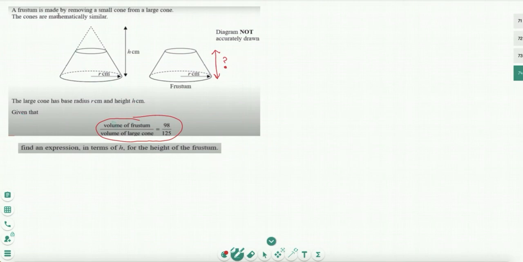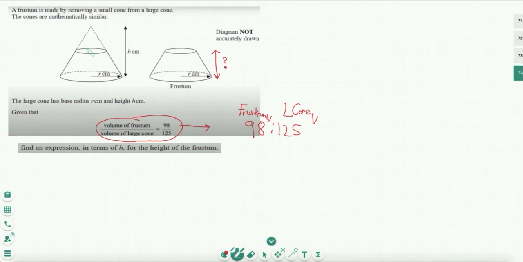I see they've given us a scale factor in terms of a fraction. What you can do is if you're ever given a scale factor in terms of a fraction, we can turn it into a ratio, just simply as 98 to 125. So 98 is the frustum volume. So the frustum volume is 98 units, and the large cone volume is 125 units.